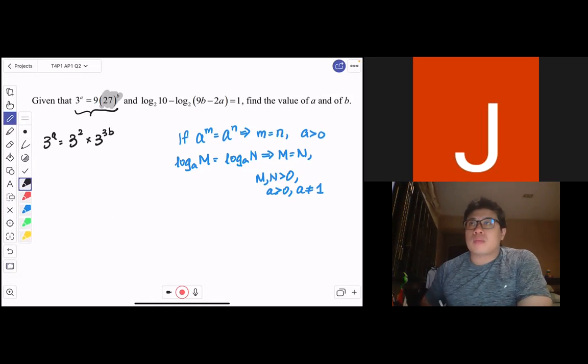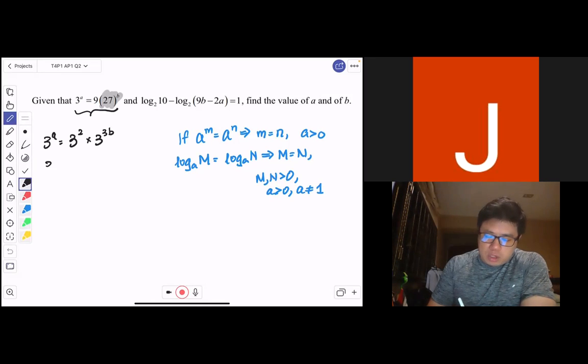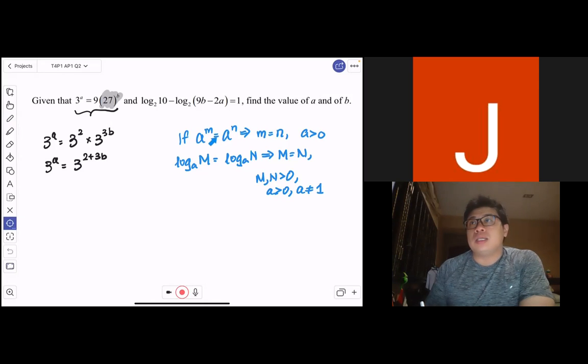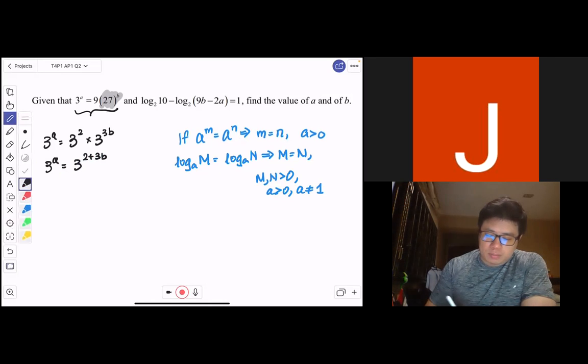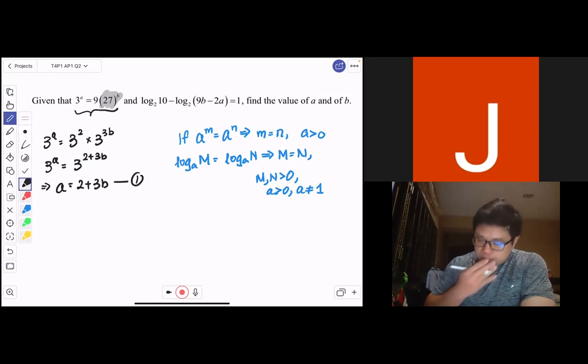This gives me 3 to the power of a equals 3 to the power of 2 plus 3b. Summoning the law that a to the power of m equals a to the power of n implies m equals n, this allows me to cancel the bases straight away and equate the powers. It means that a equals 2 plus 3b.